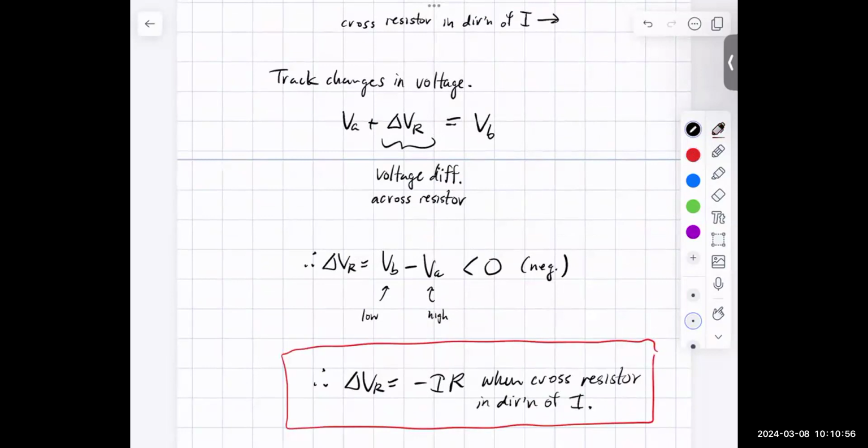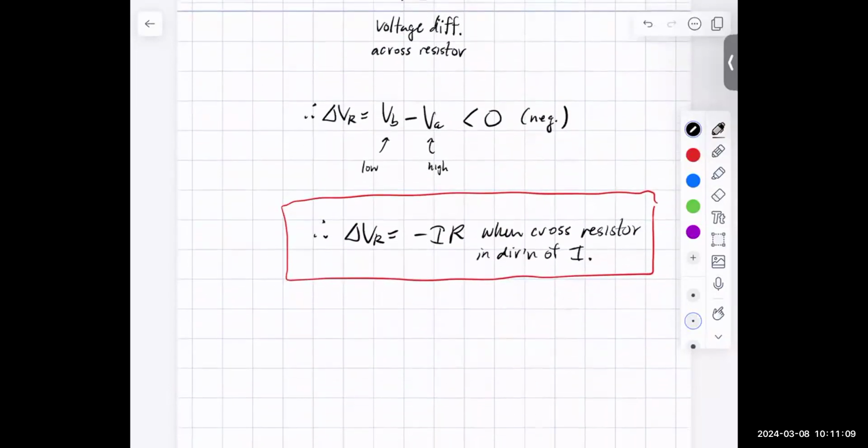The argument is the same for the other case. We'll draw it, but it's almost identical. We're just going to now cross the resistor in the direction opposite of the current. Let's write it out in any case. What we're going to find is that the voltage across the resistor will be plus I times R for the second case.